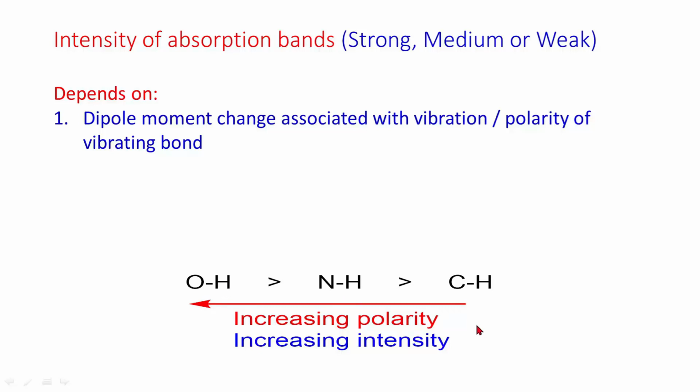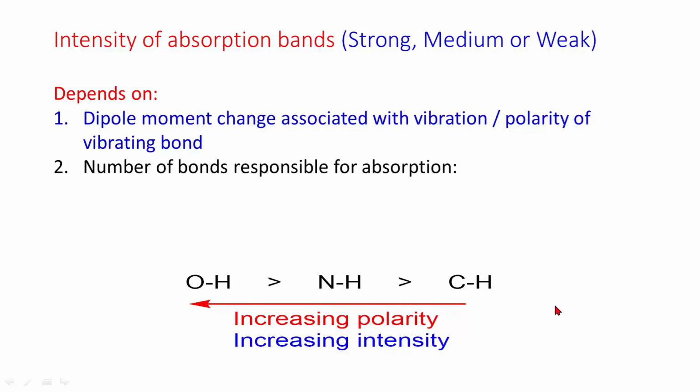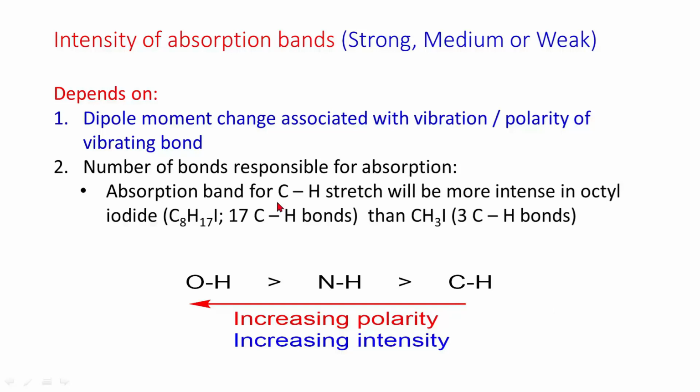And this is the increasing intensity of the peak. It also depends on the number of bonds responsible for absorption. If we see the absorption band of CH stretching in case of octyl iodide and compare it with methyl iodide, in octyl iodide we have more carbon-hydrogen bonds in comparison to methyl iodide. It also depends on the concentration of sample used to record the IR.